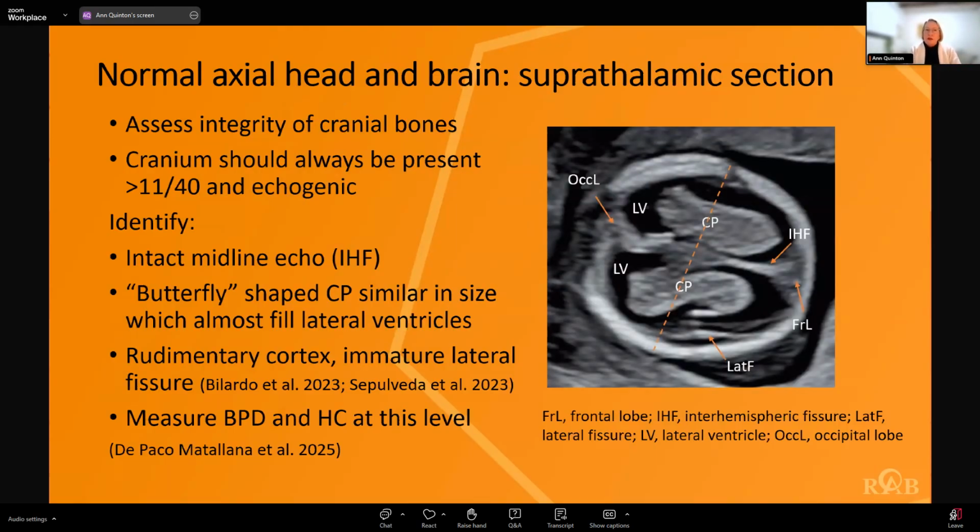So that brings us on. We'll start with the first plane of the fetal brain, which is the normal axial head and brain, and this is called the suprathalamic section.